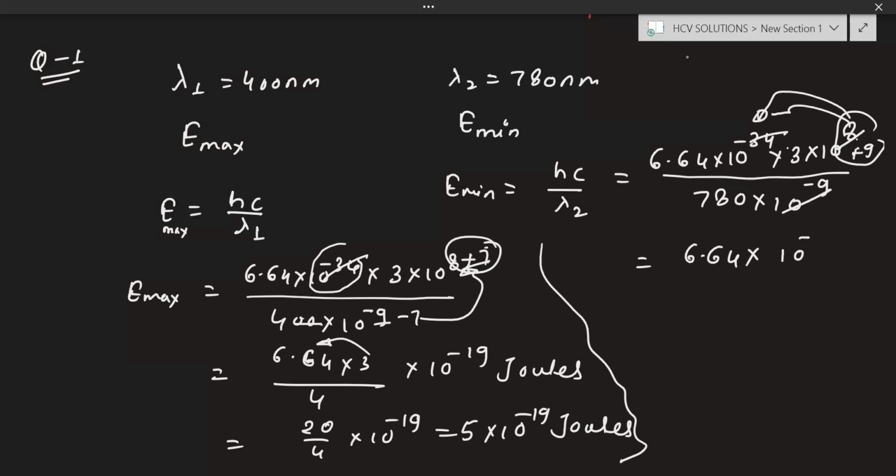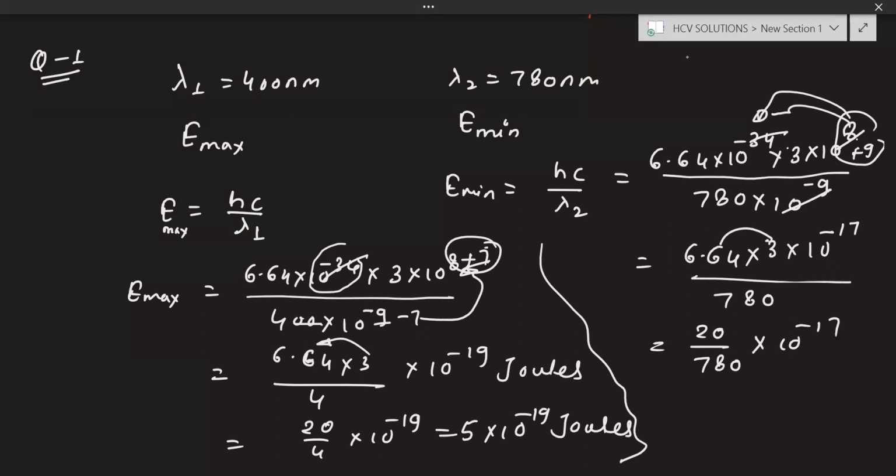So you will find 6.64, and 3 remaining, into 10 to power minus 17, divided by 780. So that will be almost 20, and 20 divided by 780, that is 10 to power minus 17.